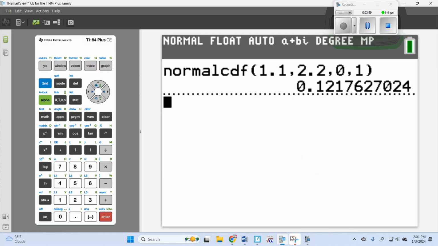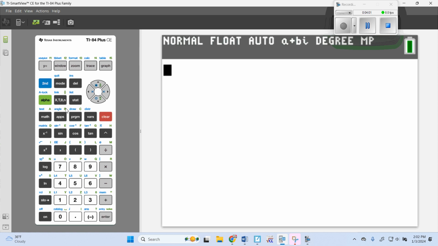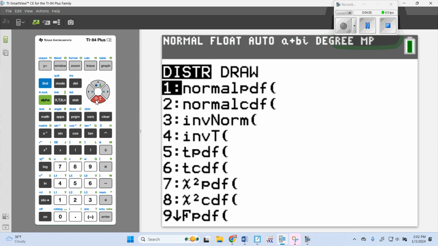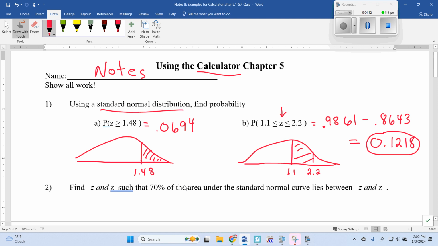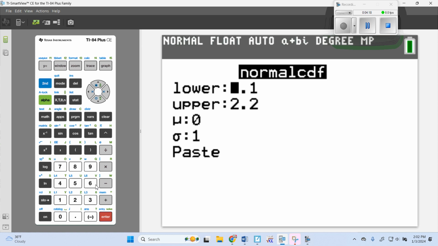Now, if we look at this, where we have greater than 1.48, as we go to the calculator to do greater than 1.48, we have a problem, because this gives us a lower and an upper. Our lower is 1.48. That's fine. But our problem is our upper.